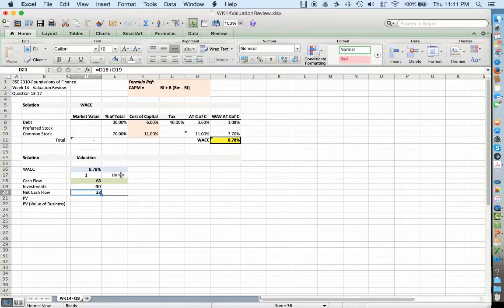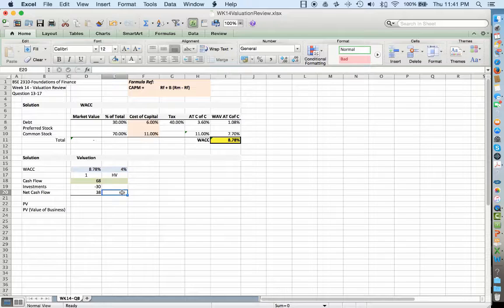Then we're told that the company thereafter is going to essentially grow by 4% per year. That would be the net cash flow. So I'm moving my schedule around just a little bit to accommodate that.